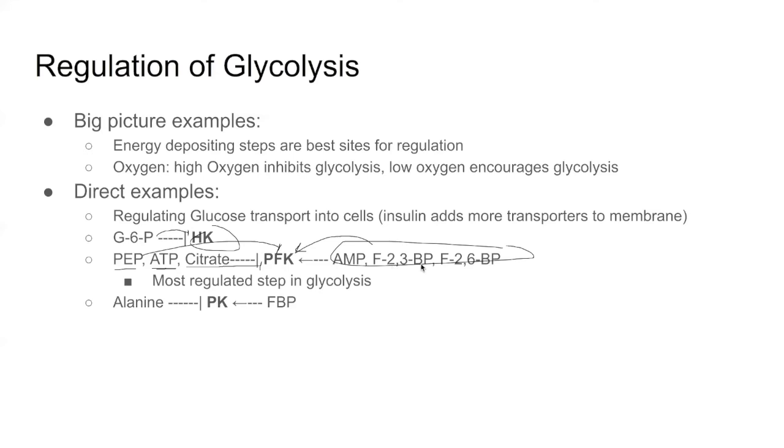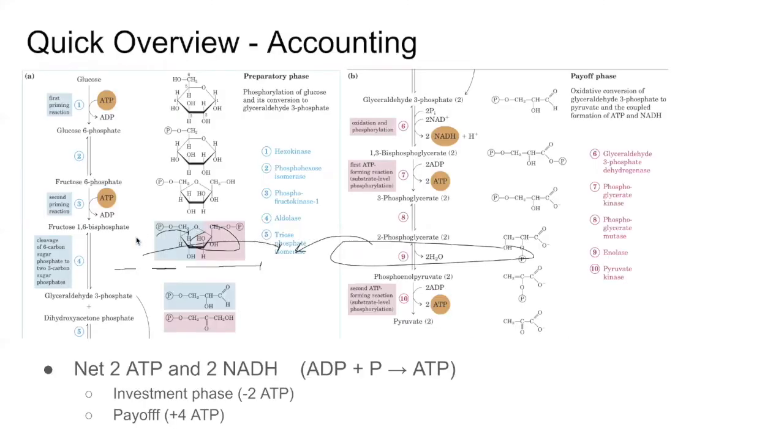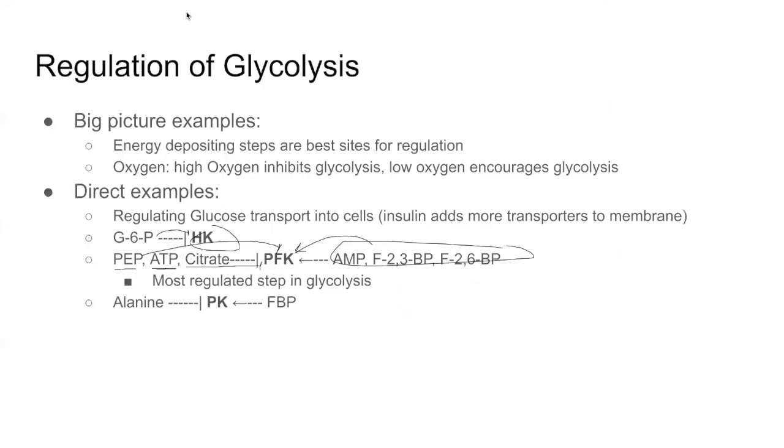The F23BP and F26BP are intermediates of glycolysis, actually F23BP is a kind of variant of F16BP. We will show these later, but they're not directly part of the pathway. But these are markers of low energy, and when they're markers of low energy, that basically encourages glycolysis to occur.